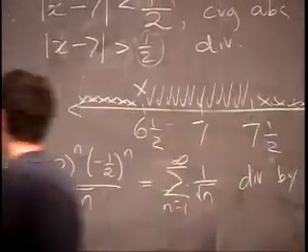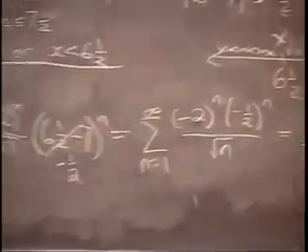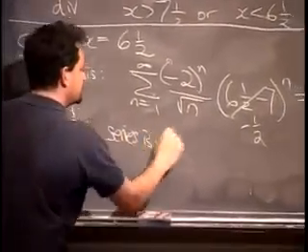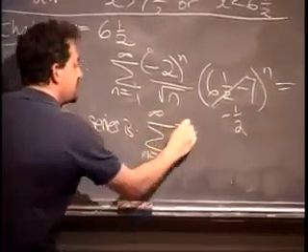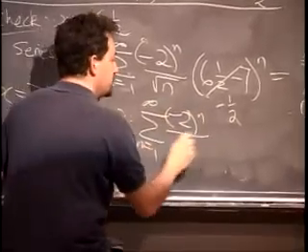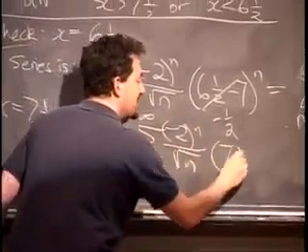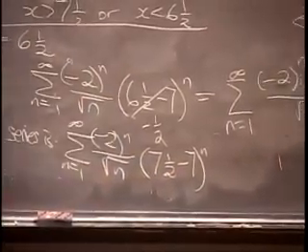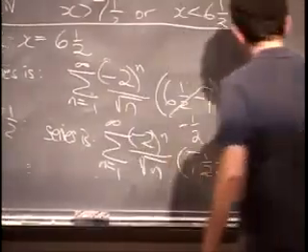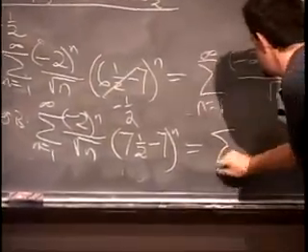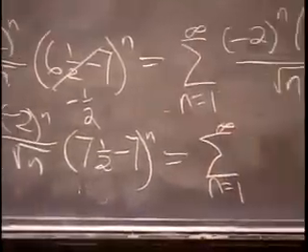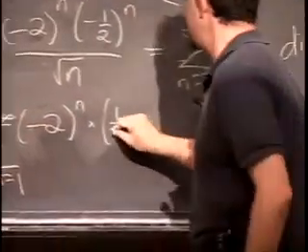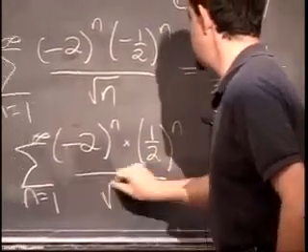However, what happens at x equals 7.5? We check this and then we go home. The series is minus 2 to the n over root n times 7.5 minus 7 to the n. 7.5 minus 7 is 1/2. So you get the sum from n equals 1 to infinity of minus 2 to the n times 1/2 to the n over root n.